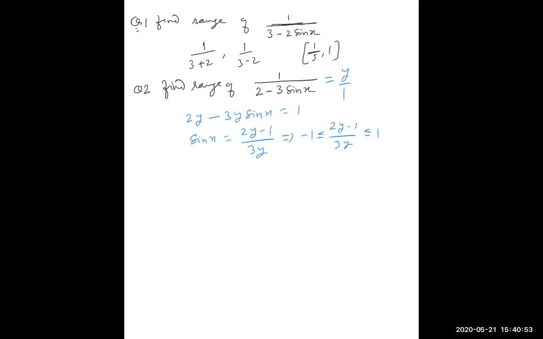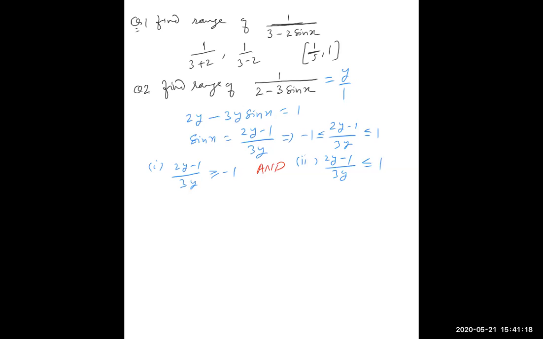Case 1. 2y minus 1 upon 3y is greater than minus 1. See, I'm using the word 'and' here. Both conditions must be satisfied at the same time. And the second case is 2y minus 1 upon 3y is less than 1.